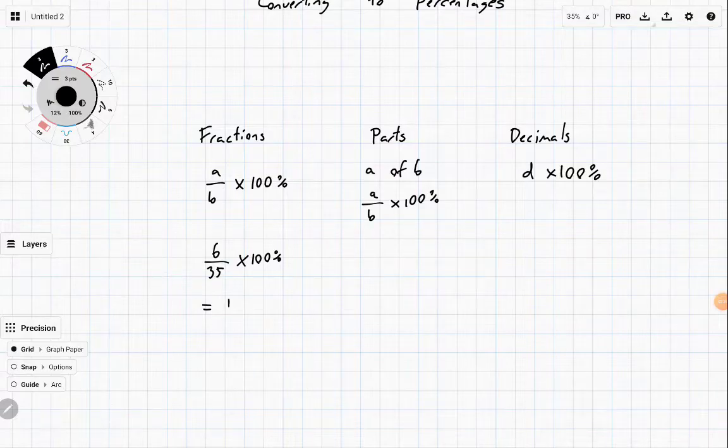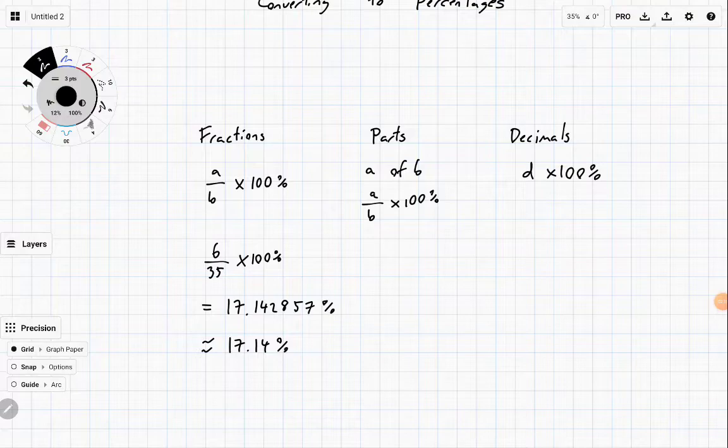We get 17.142857, and I'm just going to round it there. And that's probably too many decimal places, so instead we're just going to do a quick rounding and say I want this to the nearest 2 decimal places. I'm going to get 17.14%.